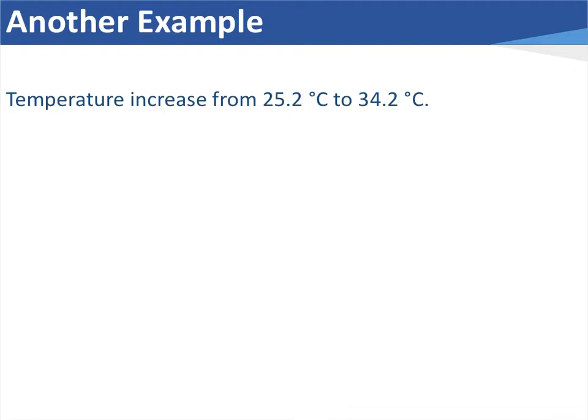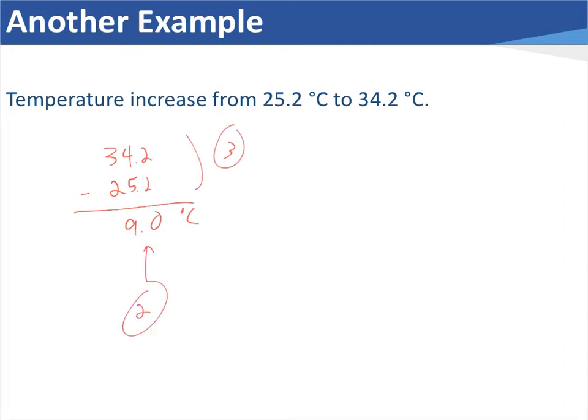If I have a temperature increase from 25.2 to 34.2, 34.2 minus 25.2, subtract those and we get 9.0 degrees Celsius. These both have 3 significant figures, but this one only has 2 significant figures, and that's okay because these 2 values are both in the tenths, so my answer is going to be to the tenths.